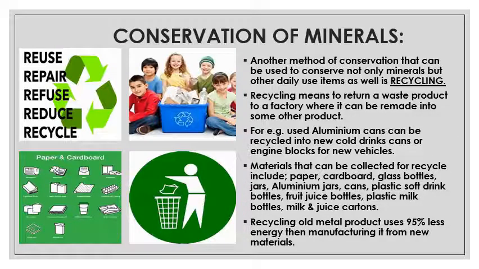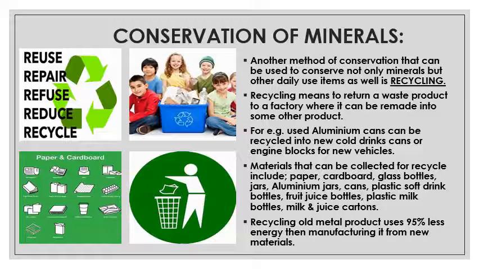Another method of conservation that can be used to conserve not only minerals but other daily use items as well is recycling. Recycling means to return a waste product to a factory where it can be remade into some other product. For example, used aluminum cans can be recycled into new cold drink cans, or used engine blocks could be used for new vehicles.